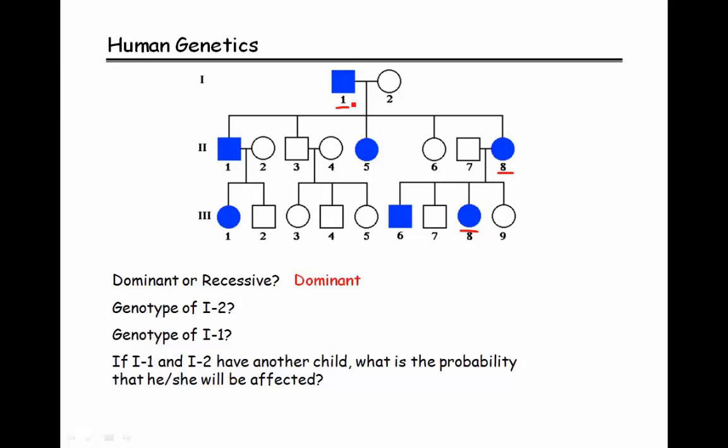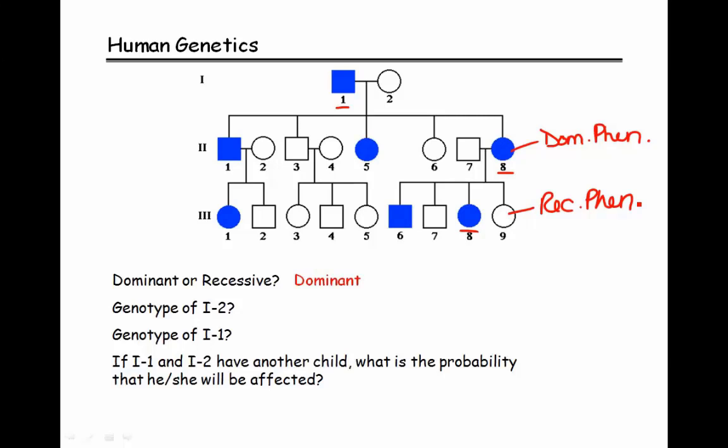So now knowing that this is a dominant pedigree, what that is telling us is that all of these that are colored in have the dominant phenotype. All of them that are not colored in have the recessive phenotype. Knowing that, we can go through and start assigning genotypes.